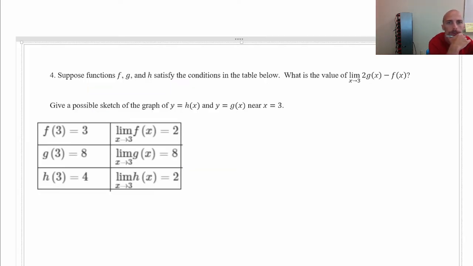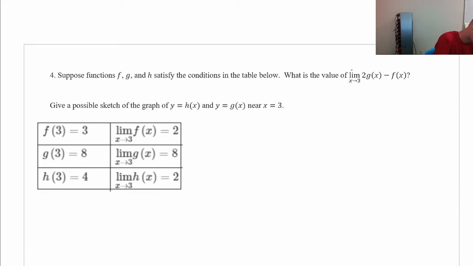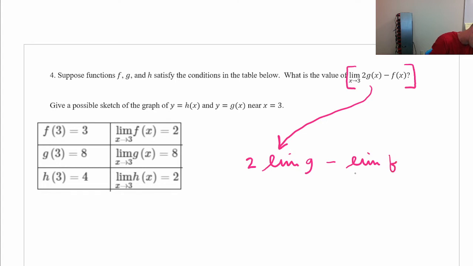All right, now this next one's going to give you a table, and it's going to ask you about the limit of 2g minus f. Okay, well, that part will be easy, right? We'll just use the properties that we know, that this limit right here is going to equal 2 times the limit of g minus the limit of f, both as x approaches 3.